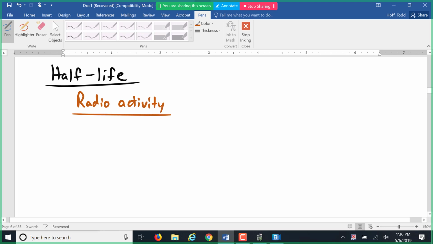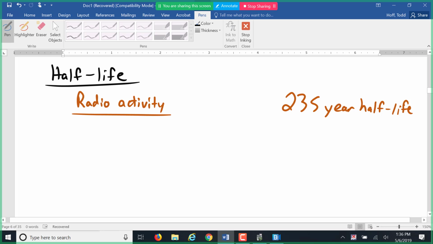Like you're told that this nuclear waste, depleted uranium, or more often than not now depleted plutonium that they use in our nuclear reactors, has like a 235-year half-life. What that means is it takes 235 years on average for half of that material to deplete.